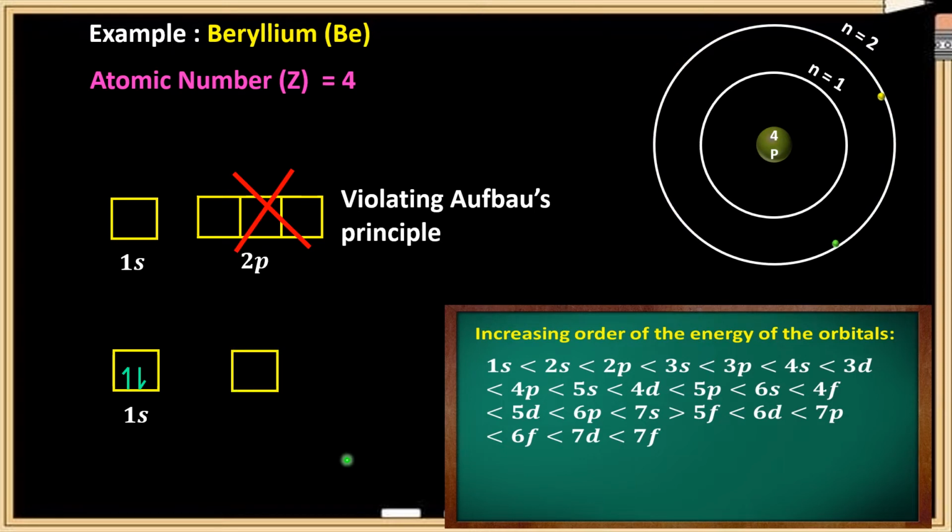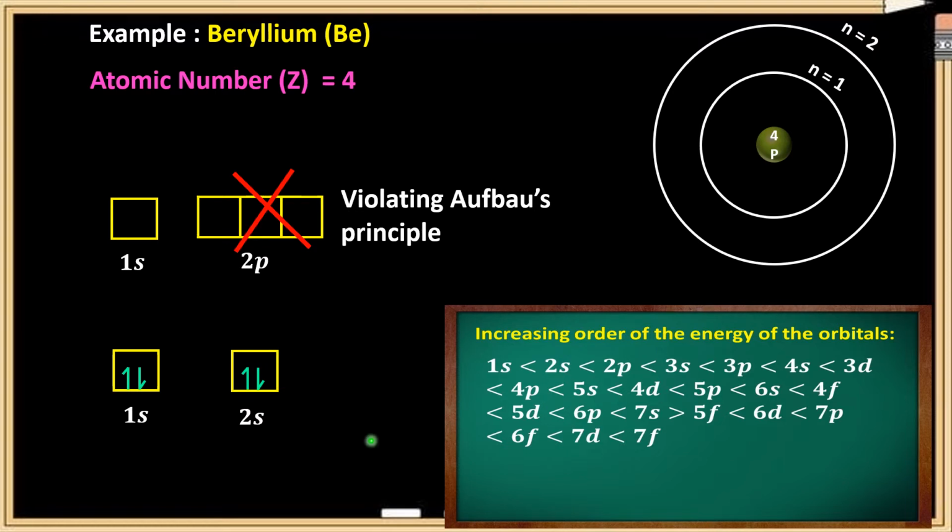Now we have to draw 2s orbital. You see here 1s and 2s. So the third electron enters into 2s orbital. The fourth electron pairs up with this electron. Okay, so this is the correct electronic configuration.